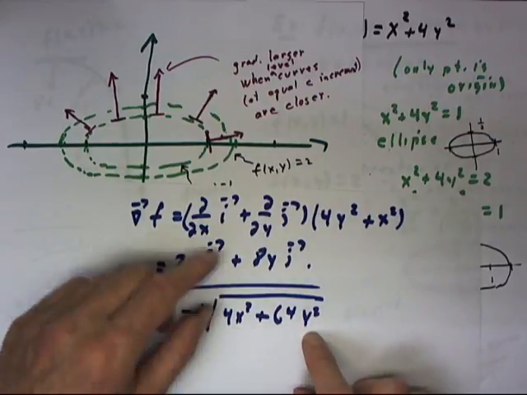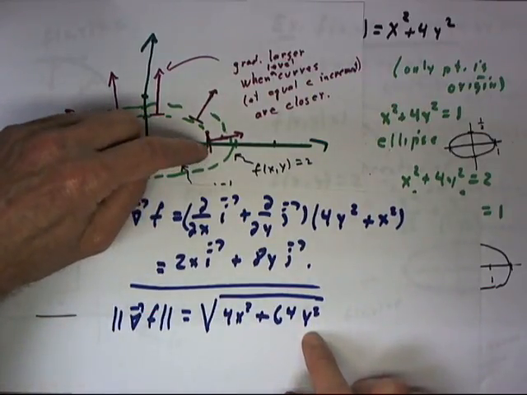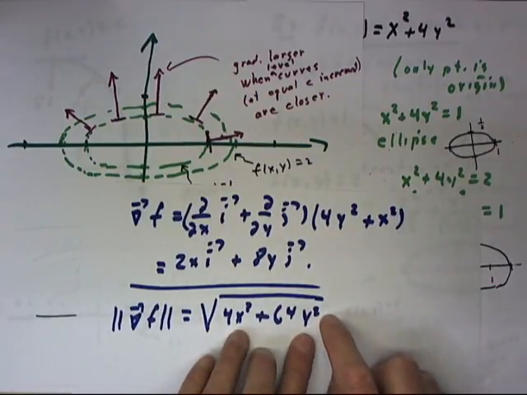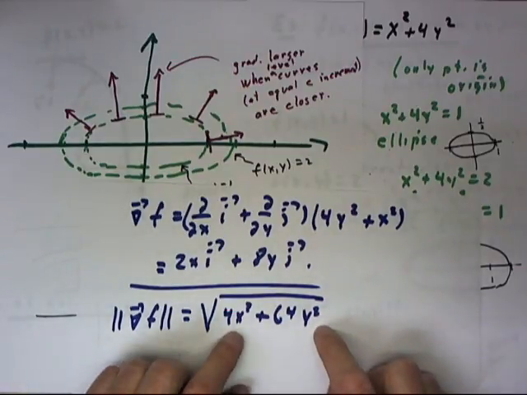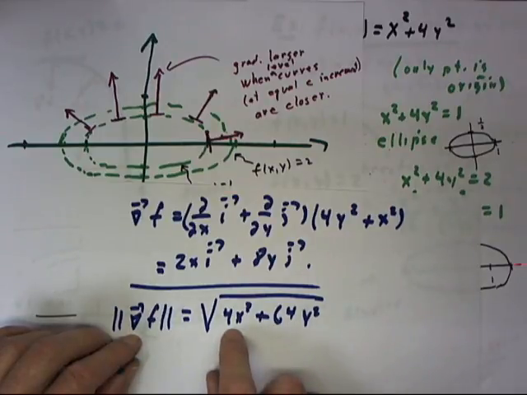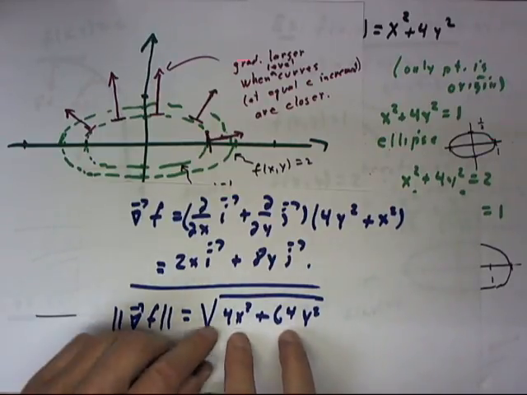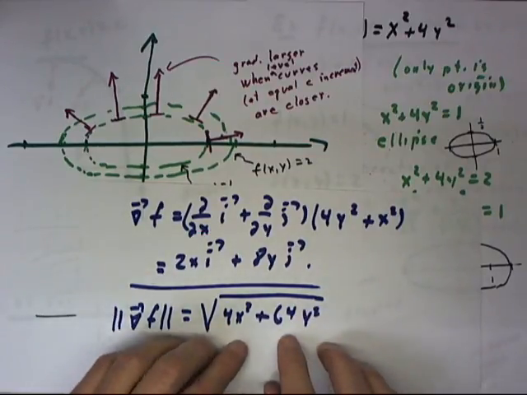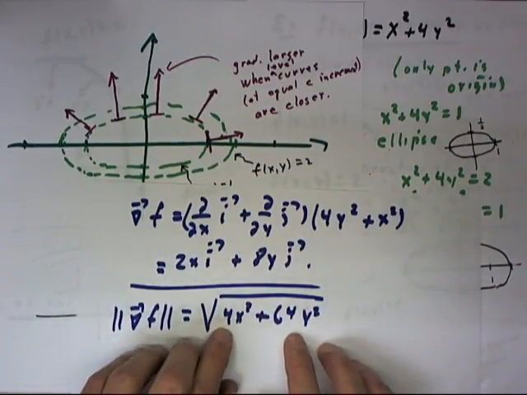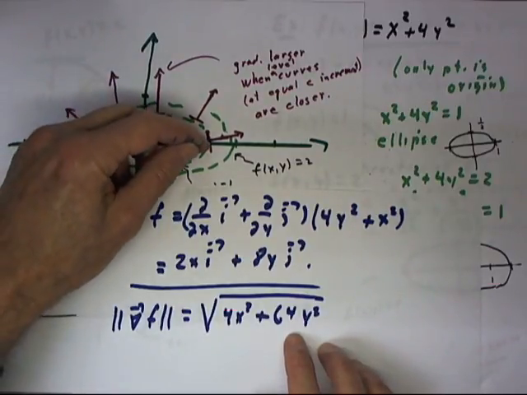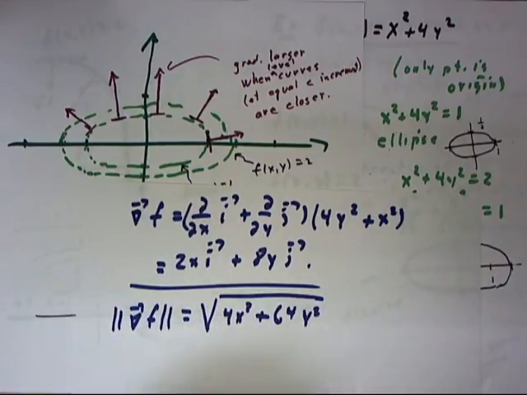Of course, y can only get half as big as x can, so the largest y is half as big as the largest x, so the largest y squared will be a fourth as big as the largest x squared, so the relative contributions of these terms are not as extreme as it might seem from these two coefficients. And then when we take the square root, we can confirm from this expression that the magnitude of the gradient as we approach this point is twice as great as the magnitude at this point.